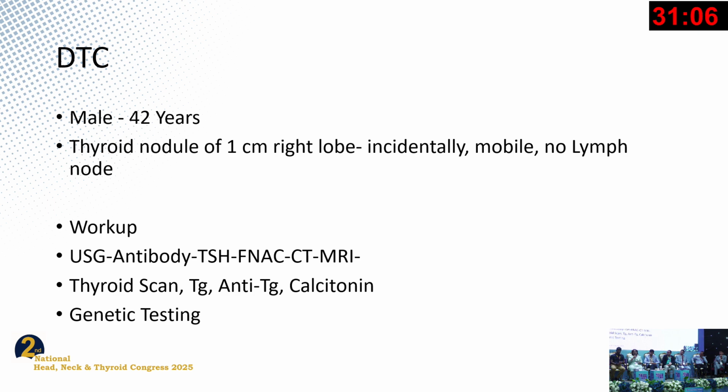But in our countries, most of the time, if we say AUS, Bethesda 3, you may want to go for molecular testing, unless you have clinical suspicion of a high probability of carcinoma. If there is no high probability of cancer, the clinicians or surgeons can take their call.